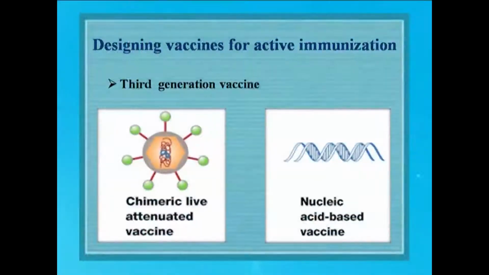Hence, scientists paid attention to developing vaccines which are safe and, at the same time, more efficient than the first and second generation vaccines. So, they took the help of recombinant DNA technology and developed vaccines using this technology. These vaccines are called third generation vaccines or recombinant DNA vaccines.